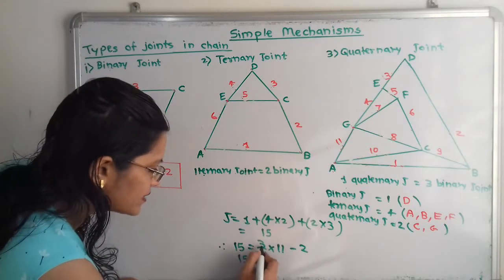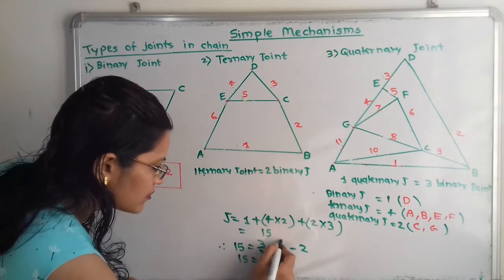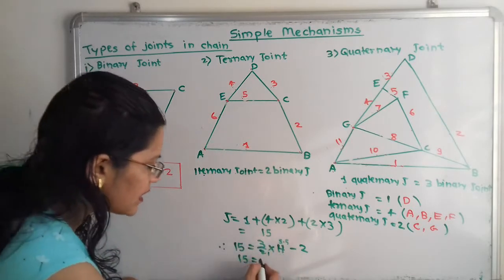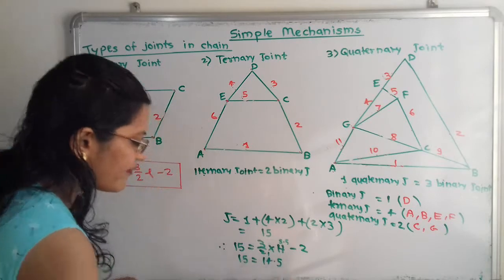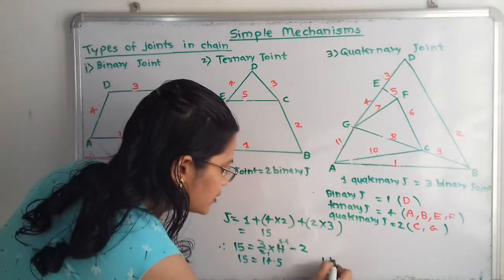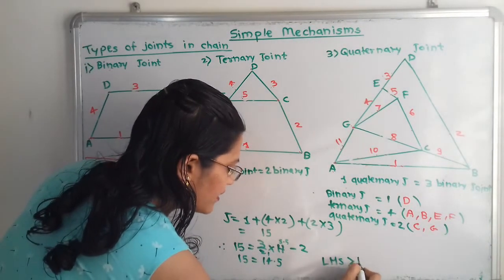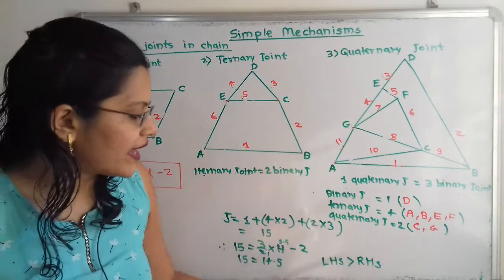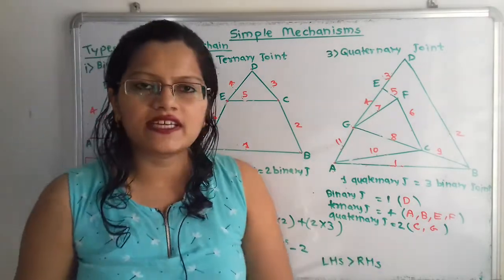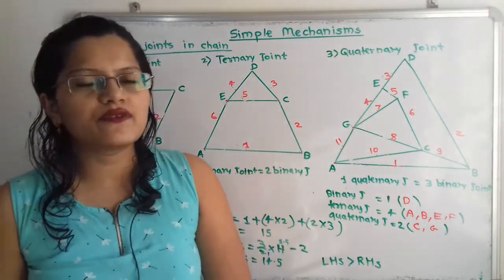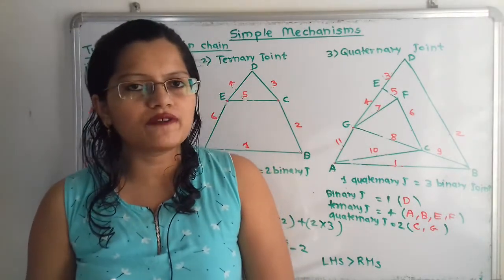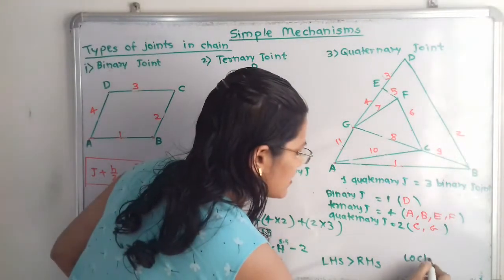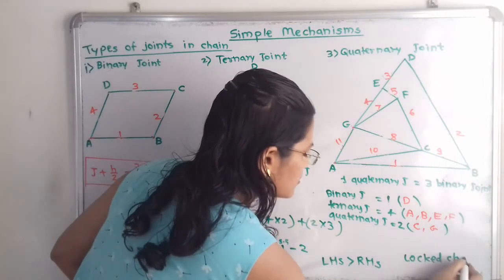So 15 is equal to, we have to calculate this, and here 14.5. So here LHS is greater than RHS. When the left hand side is greater than the right hand side, then we can say that this is the type of chain, that is the lock chain. So we have to write the answer as: this is the lock chain.